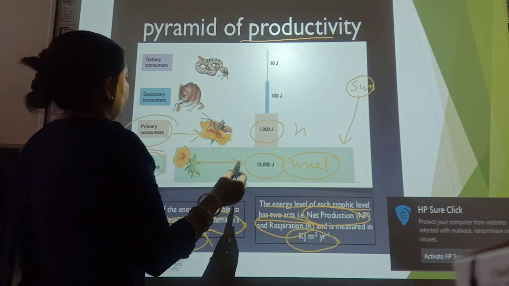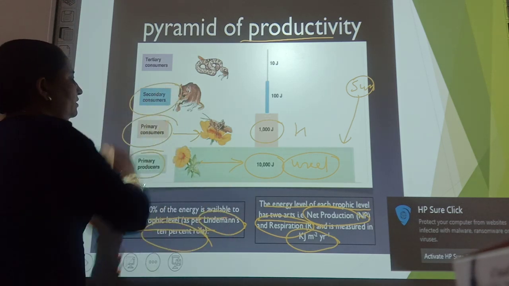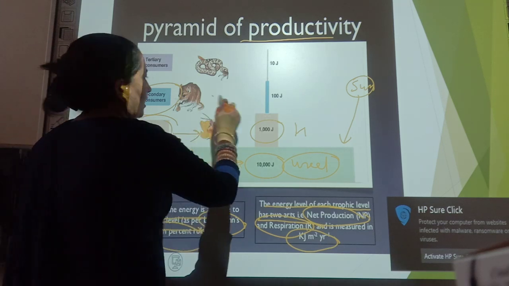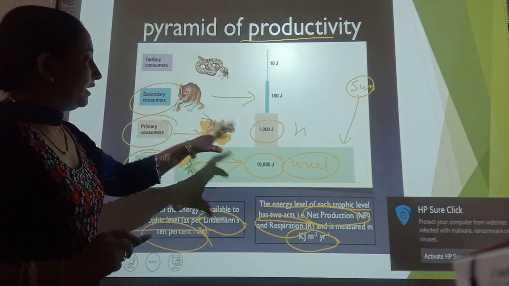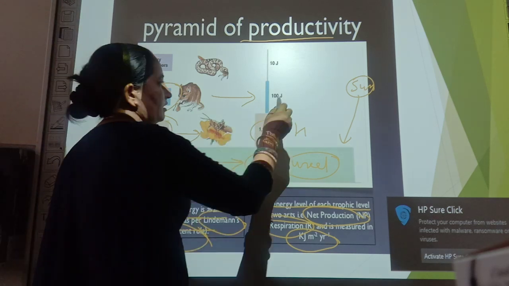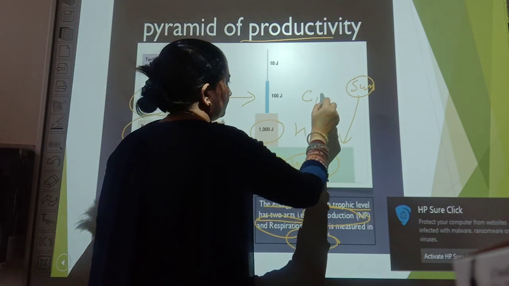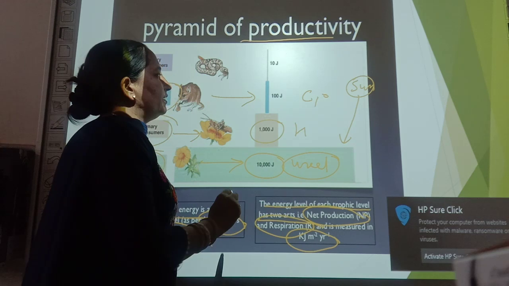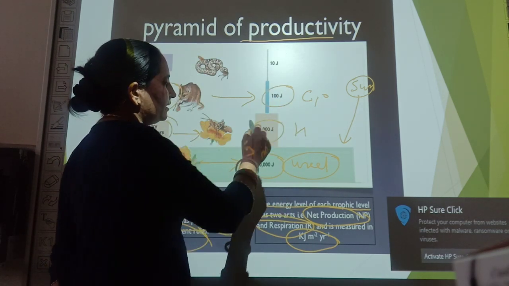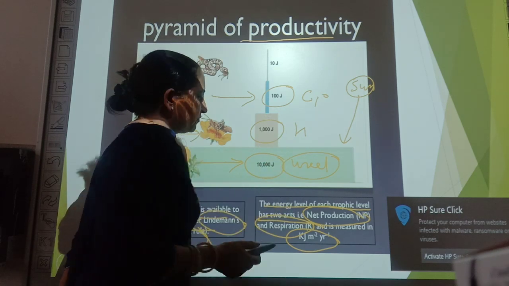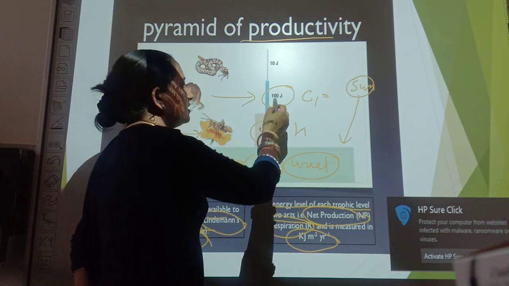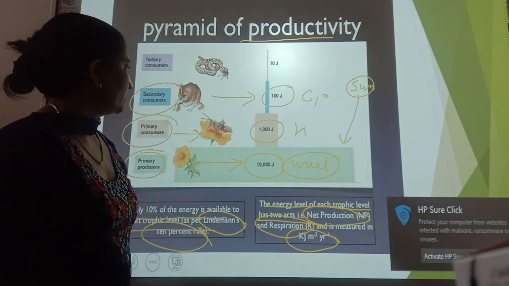At the next level, the secondary consumers take the energy from the primary consumers, and these are the primary carnivores. They take the energy from the herbivores, and a further 10% of the energy reaches the next level, and this is only 100 joule.